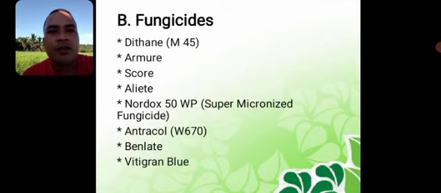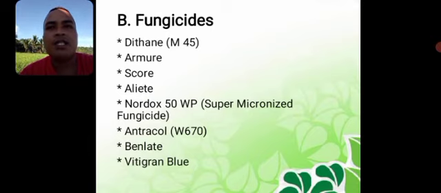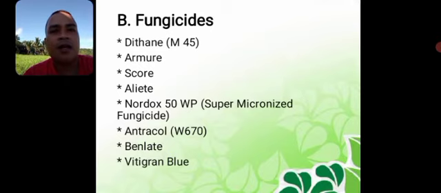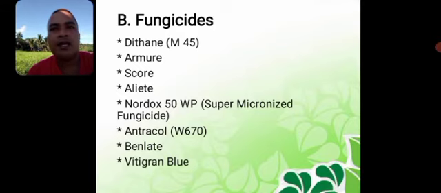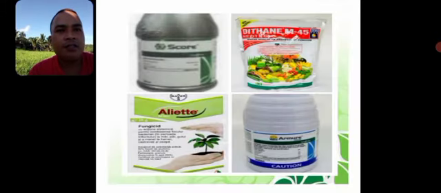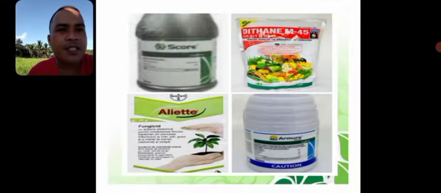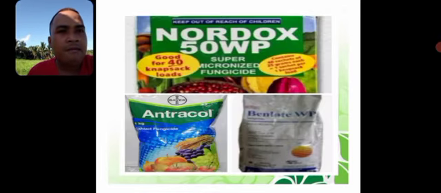Vitigran Blue has true systemic action; mix application of this product is the best prophylactic solution for downy mildews and pests. Next is Benlate. It is a systemic fungicide recommended for the control of many important plant diseases. Apply as a spray with ground equipment. I have here a picture of these fungicides with their active ingredients. This one and this one.